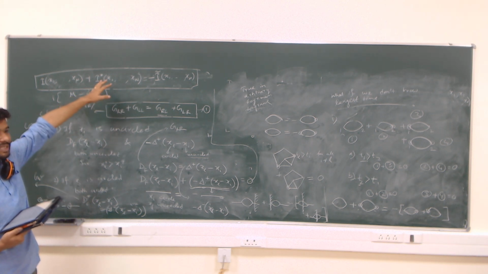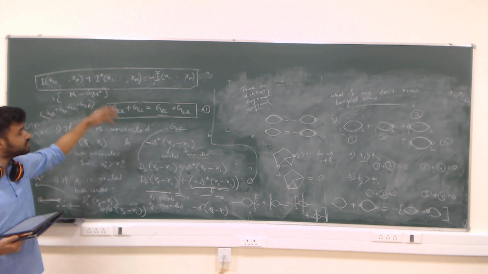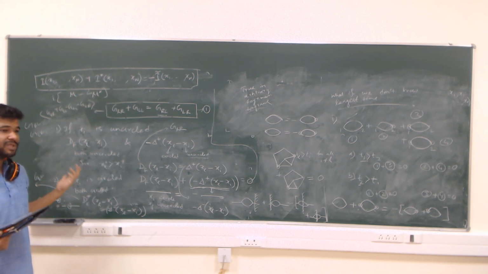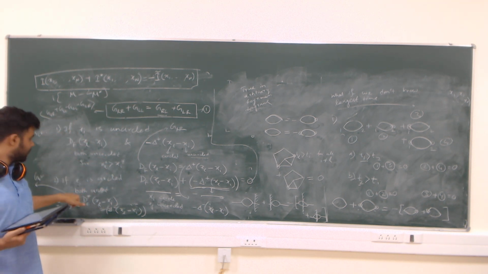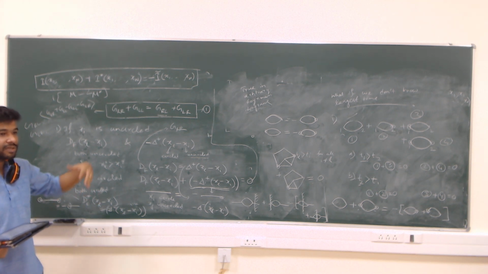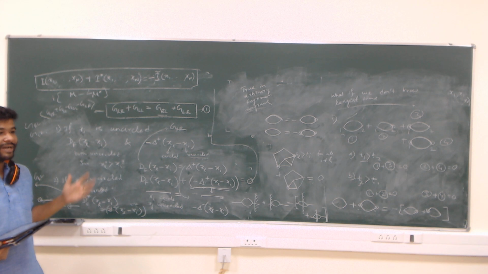This is a nice tool, because when you want to deal with Feynman diagrams in open quantum field theory, you also want to be able to deal with anti-time ordered situations, out of time ordered situations, and so on. All of these come in handy there.